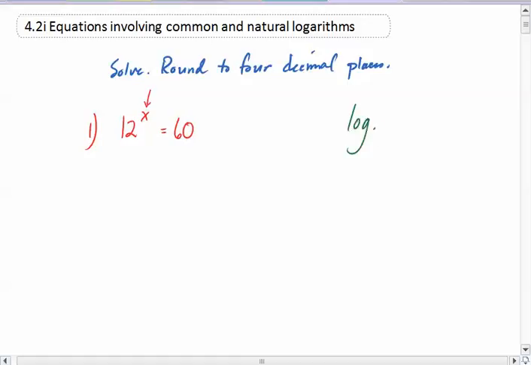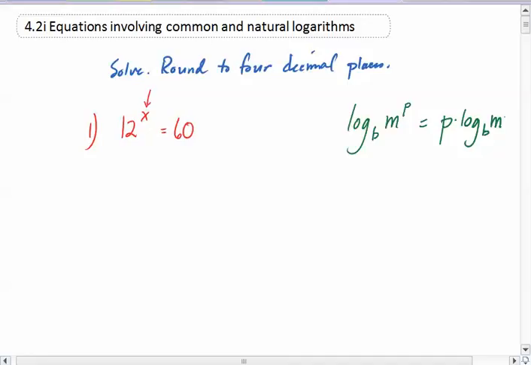If I have some log with a particular base, doesn't matter what, and then there's an argument, and the argument actually has a power, in other words, the whole argument is raised to a power, I'm actually allowed to bring the power down on the baseline so that it's not a power, and put it in front of the log as a factor.